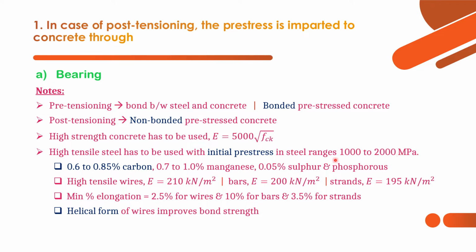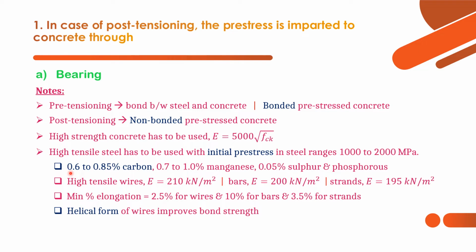If we used mild steel, that loss would get accommodated within the yield strength of the steel. So that's why we use high tensile steel in prestressed concrete, because it has initial prestress ranging from 1000 to 2000 Newton per mm square.